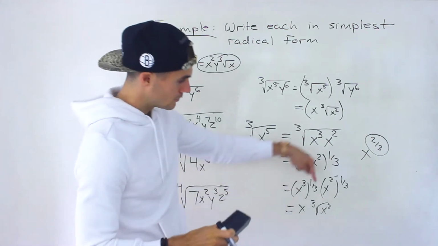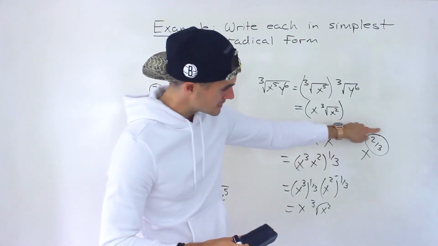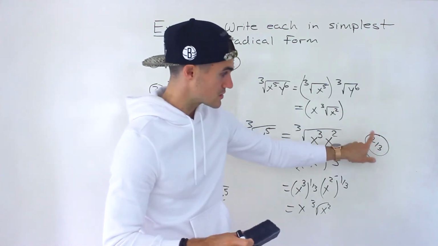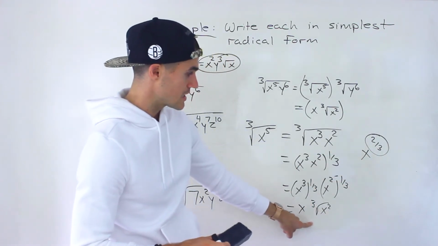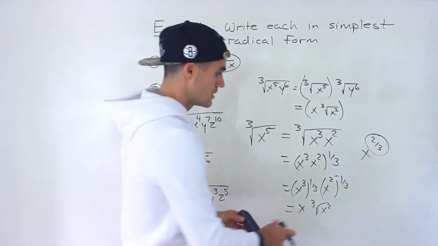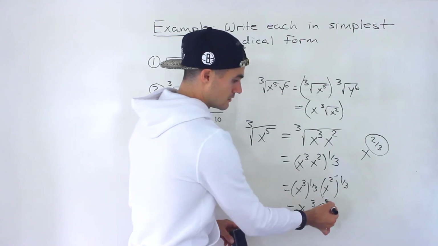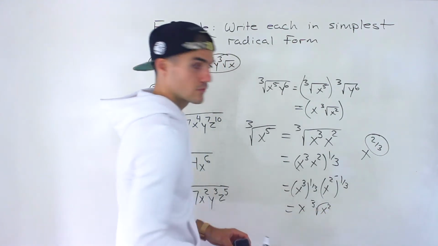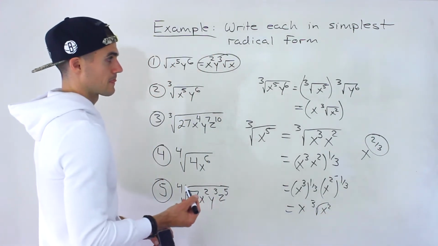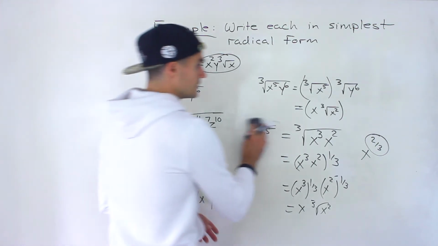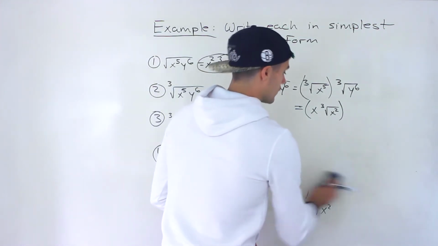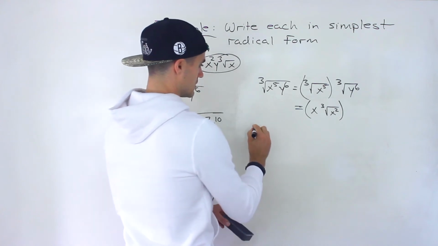And you always want to see if you could simplify that further. Sometimes this will simplify and it's going to change the answer, but 2 over 3 doesn't simplify. And so we could just rewrite it as the third root of x to the power of 2.